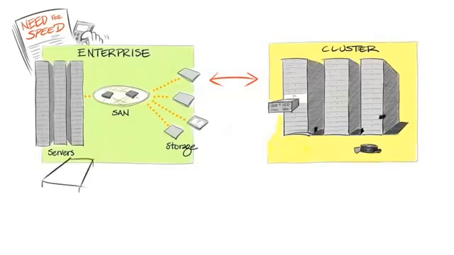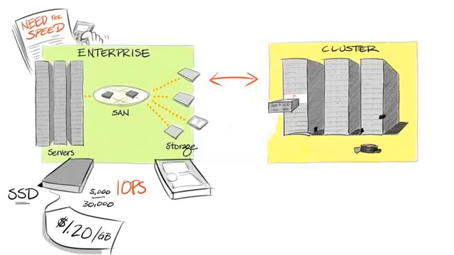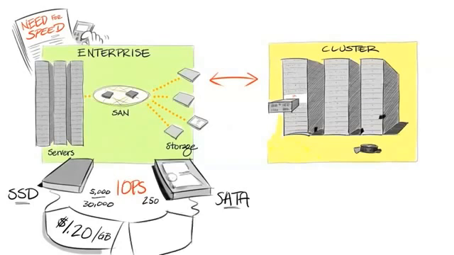In a traditional enterprise architecture, the drives enclosed in the storage array vary in performance, capacity, and cost per gigabyte, ranging from solid-state drive, which, according to the article, are capable of executing 5,000 write IOPS and 30,000 read IOPS, but at a cost per gigabyte in the range of $1.20, to SATA, capable of executing only about 250 IOPS, but at a cost per gigabyte in the range of $0.04.